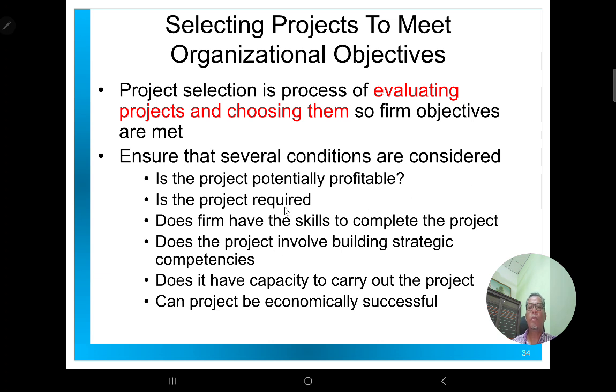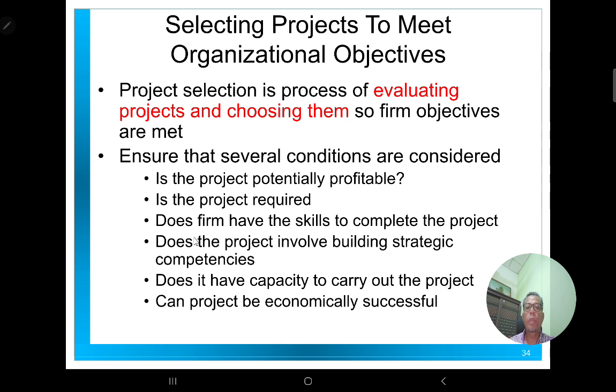These are some of the questions that you need to answer: whether the project is potentially profitable, so it is worth being implemented. Number two, whether the project is required, so who is going to benefit from the project, or you are just going to do it without understanding who will benefit from this project.